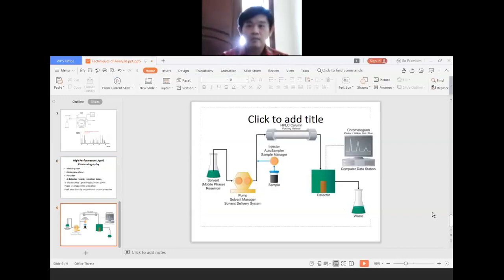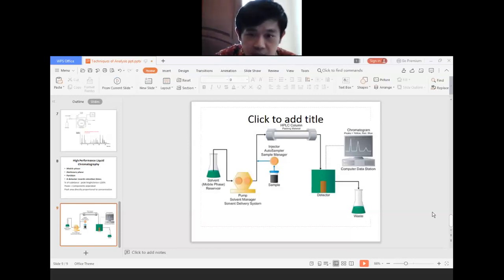Now, this one is the HPLC. Okay, so in HPLC there is a solvent, a mobile phase, and then pumping. This one is not using a gas carrier. If in GLC we use a gas carrier, this one only uses the solvent.